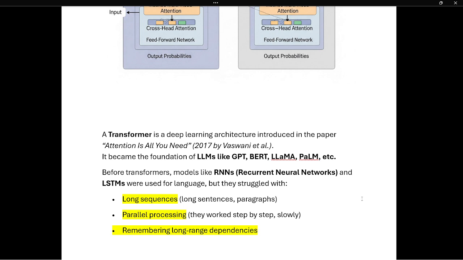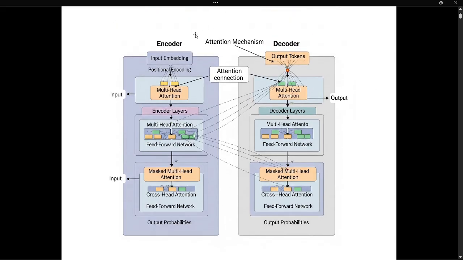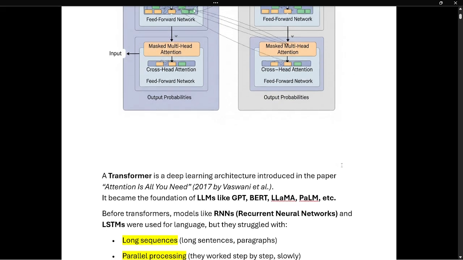Transformers have two mechanisms: one is the encoder and one is the decoder. Whatever LLM we have seen is based on either the encoder or the decoder. We will see the architecture of the transformer also, and I'll explain what the encoder is, each and every step, and the decoder too.